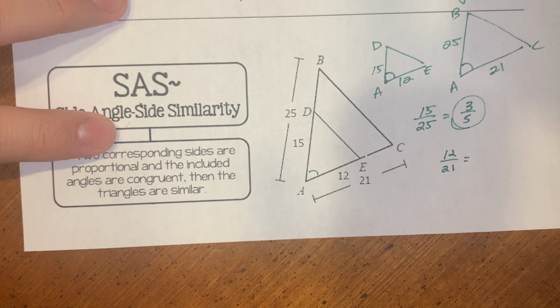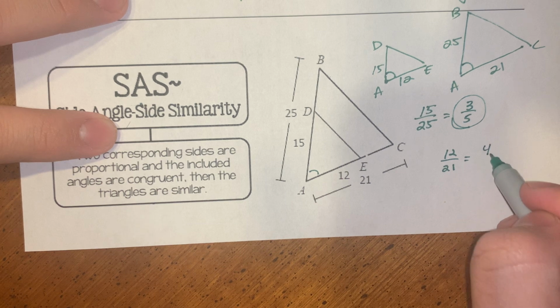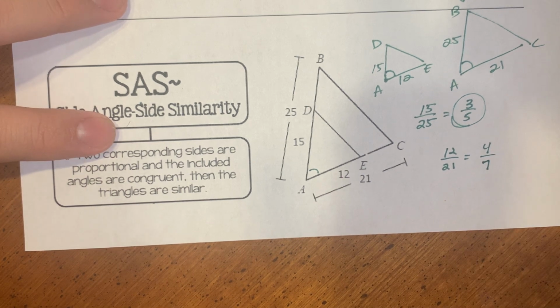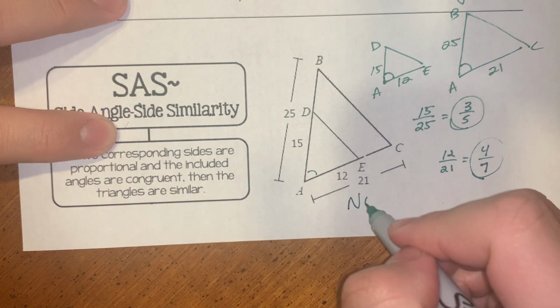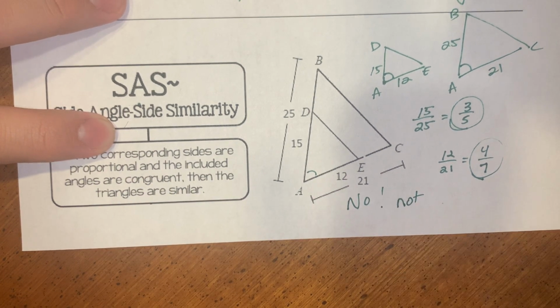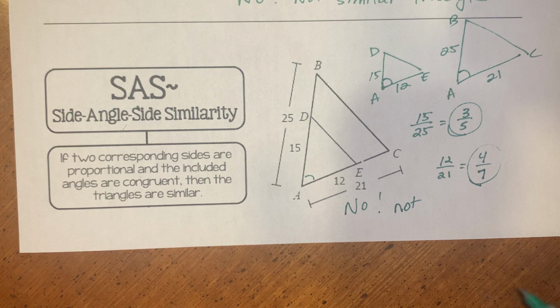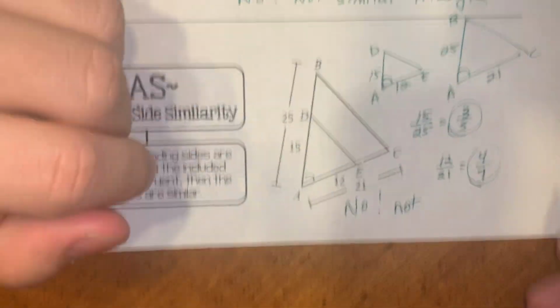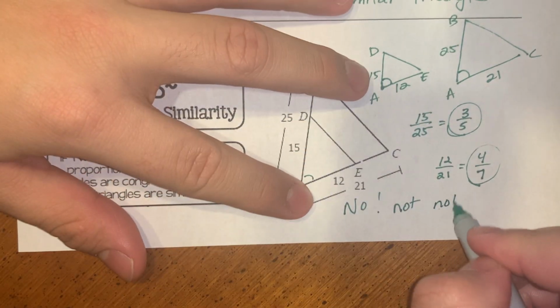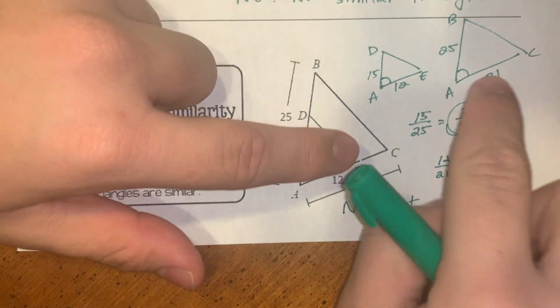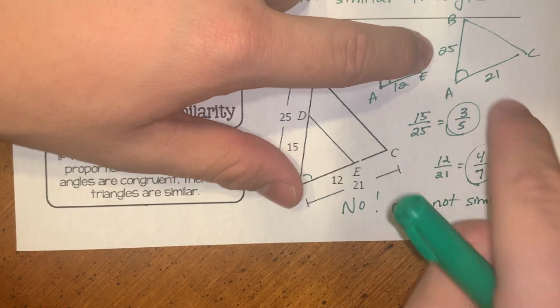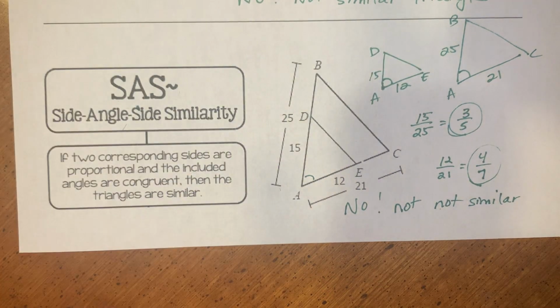So they're both divisible by 3, but that reduces down to 4 over 7. See, that's a problem. They both have to be proportional. So no, not similar triangles. I wish we would have come up with some examples that they are similar so we can see it, but that's all right. So no, not similar. You have to make sure that the two sides next to that angle are proportional. If not, then you're not good to go.